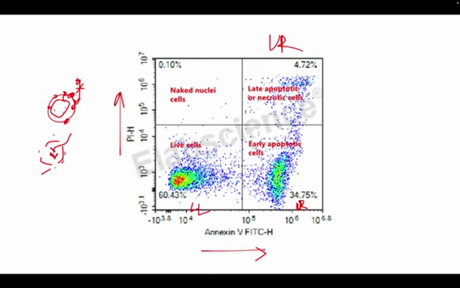And now you can use this to compare different kinds of drugs and so on, and actually quantify the amount of cell death that we get as a result of our treatment.